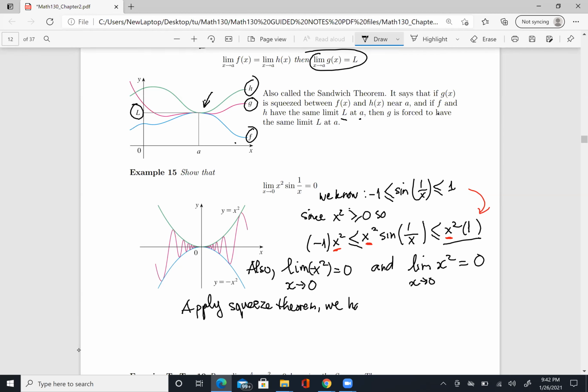We have the middle of the inequality, the middle expression, so I'm going to say I have the limit of x squared times sine of 1 over x here, for x going to 0 will also have to be equal to 0. So that should be it.